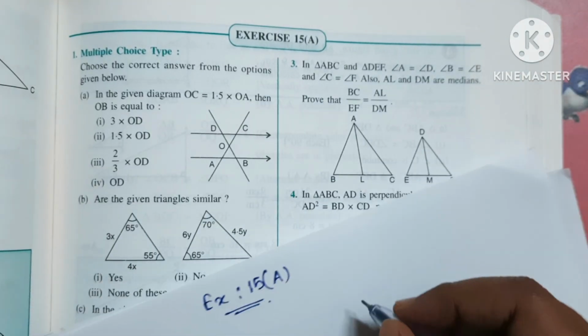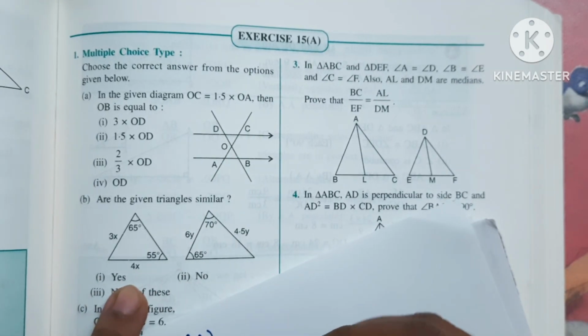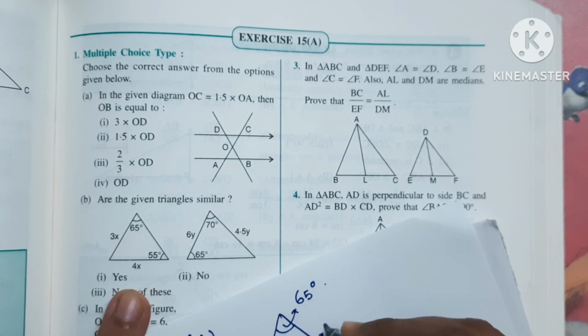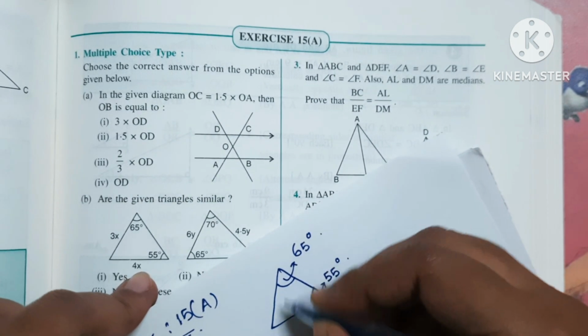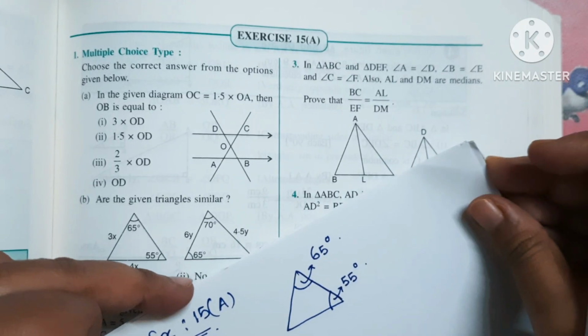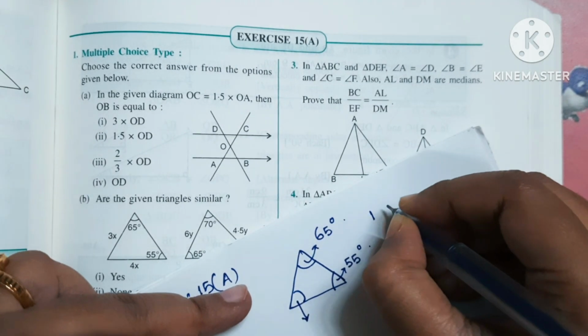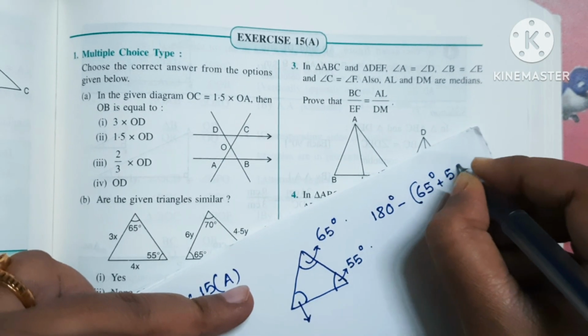Now next one. See this picture of two triangles. 65, this is 55. Now the sum of three angles of a triangle is 180. So this angle will be 180 minus (65 plus 55).